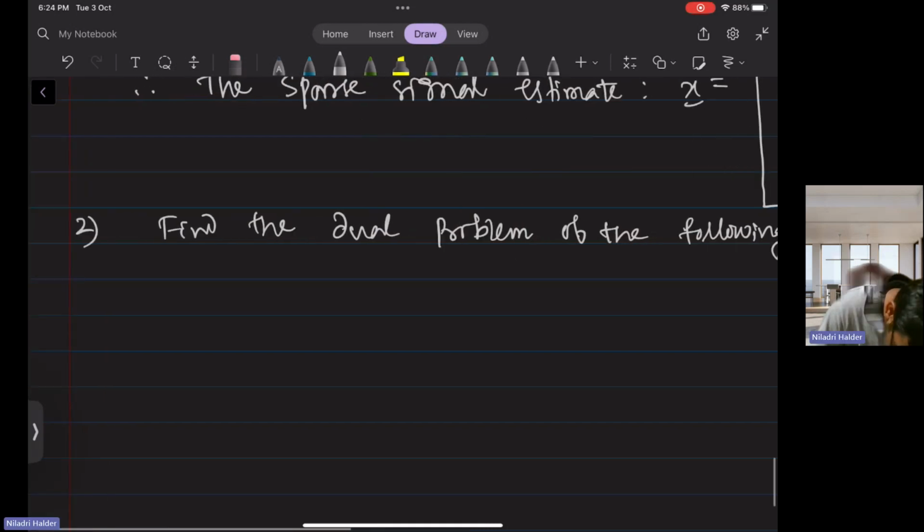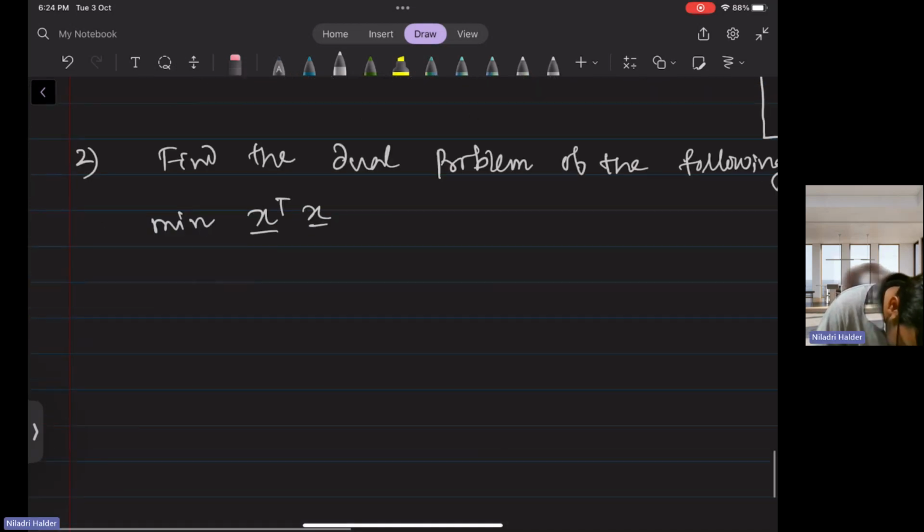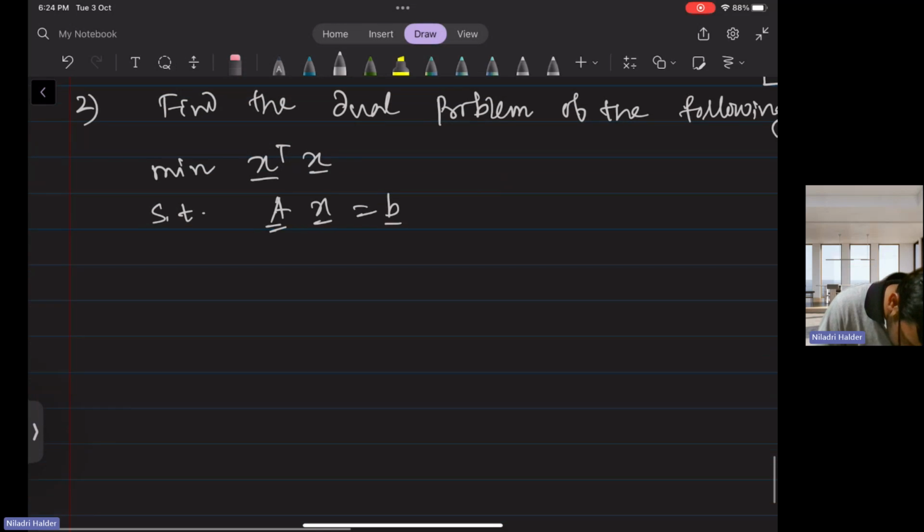The optimization problem is minimizing x transpose x, x is a vector, subject to A x equal to b. Okay. So the solution is as follows.